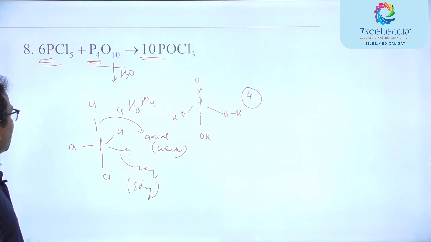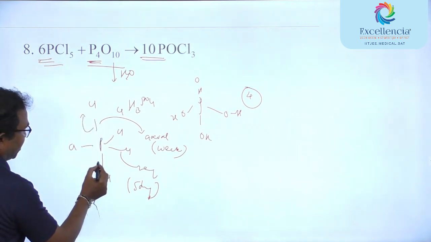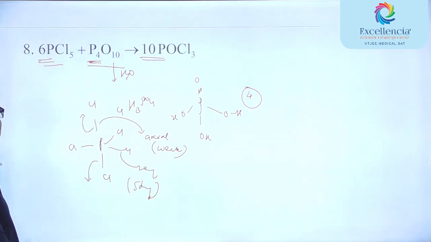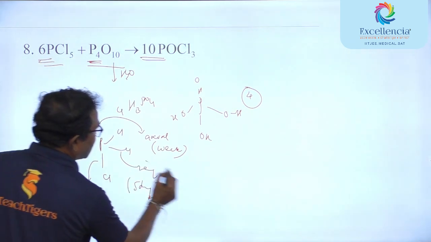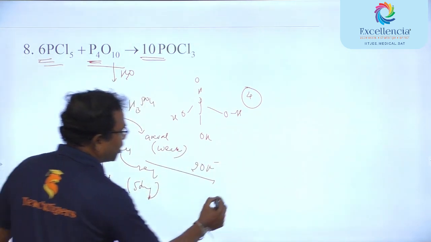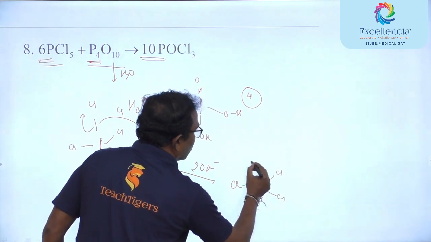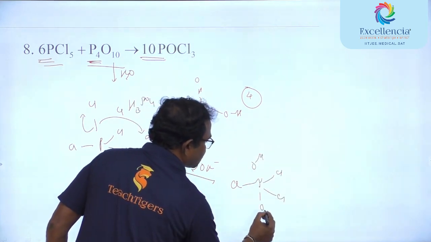So how is that possible now? One possibility is that these two chlorides can be substituted by OH minus. If 2 OH minus are reacting, substituting, all you will have is PCl, Cl, OH, OH.